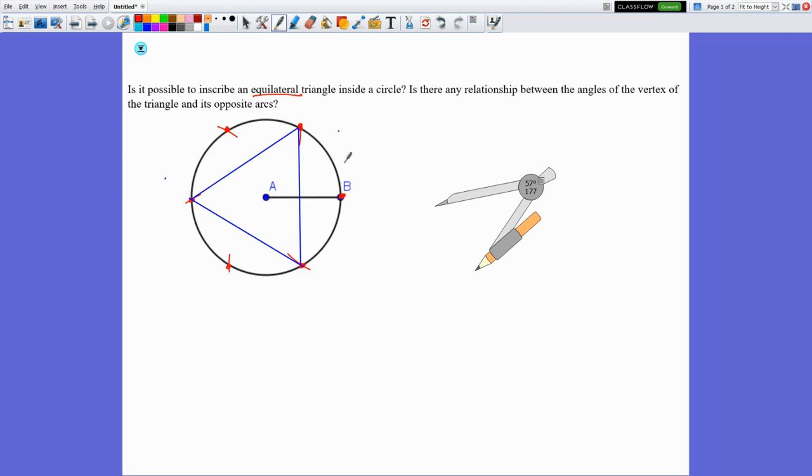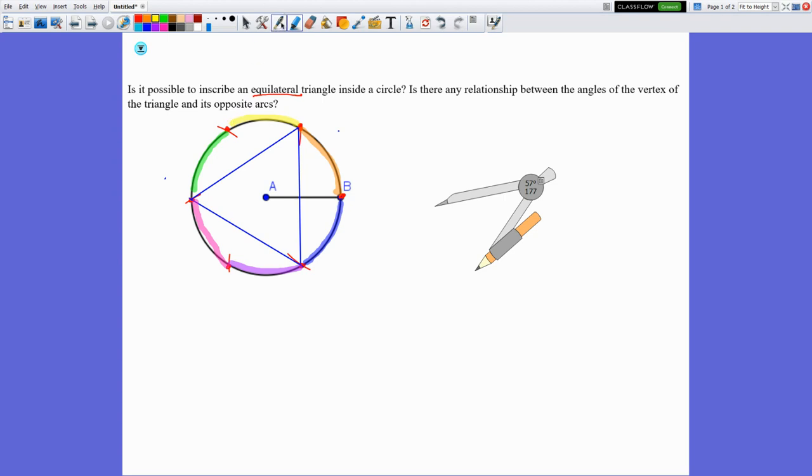But let's think about why it is that all sides and all angles are equal. Notice that we have cut our circle into 1, 2, 3, 4, 5, 6 arcs.